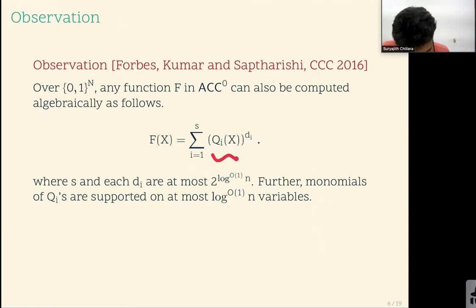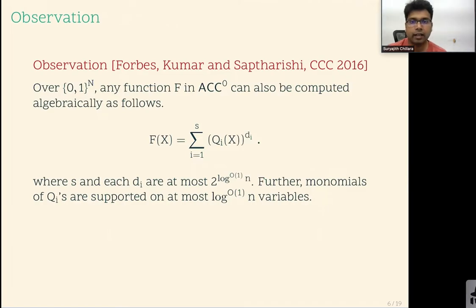Here the number of summands is at most quasi-poly many, and each of these polynomials is such that its monomials are supported on at most polylog many variables, and this power is also bounded by quasi-poly.